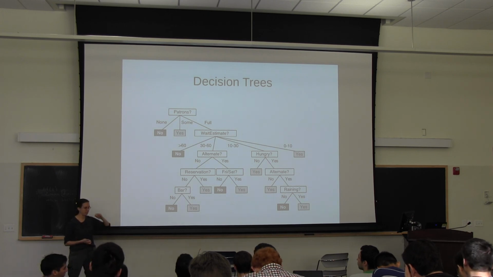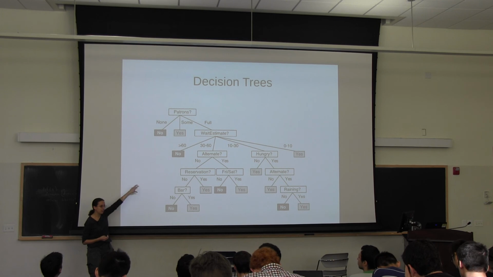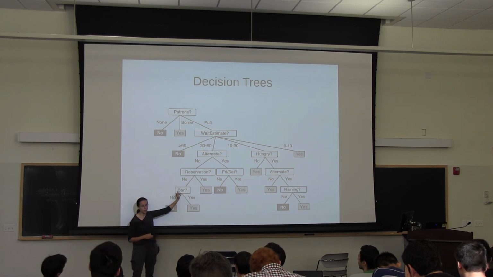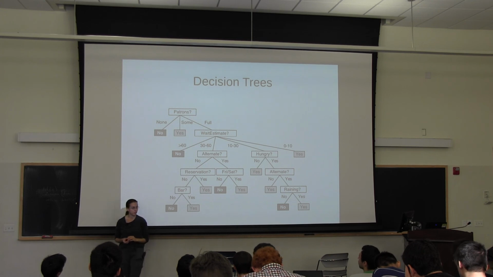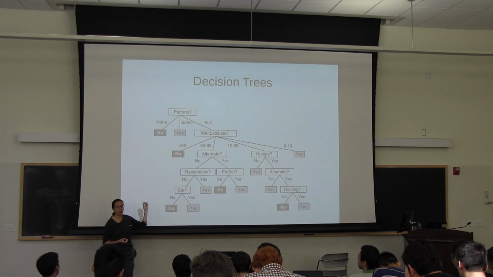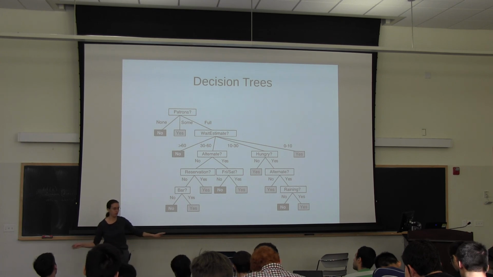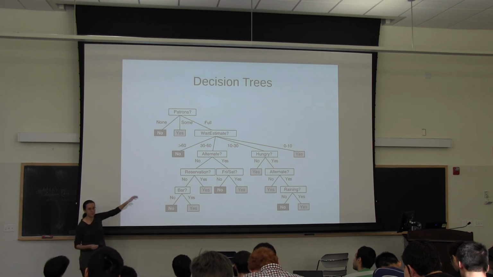Whoever was saying that the time to get down the tree, it's actually another advantage of decision trees. You don't have to compute all your features. In a lot of applications, a lot of these algorithms just assume I'm going to give you all my features no matter what, and then I'm going to do an SVM or a logistic regression.